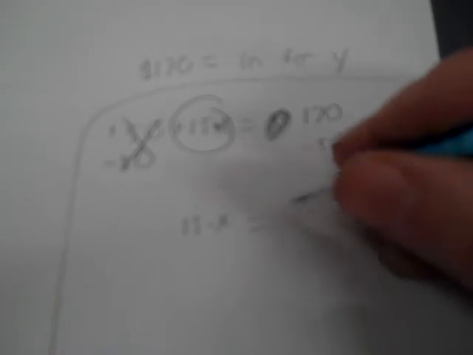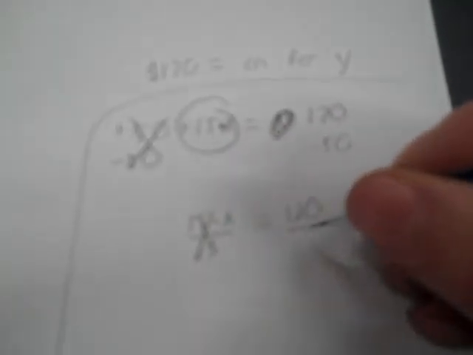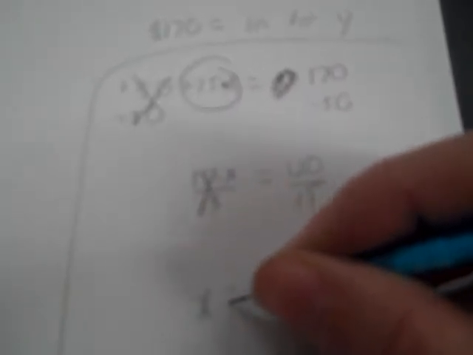So over here I got 15.x. 170 minus 50 is 120. So then I can divide both sides by 15. 120 divided by 15 equals 8. And X is what I got. X is races, so it's 8 races.